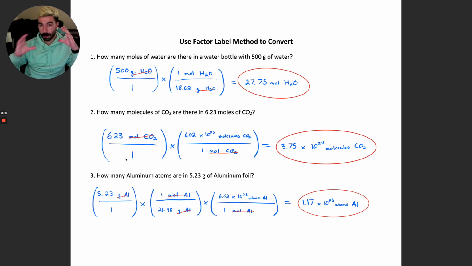Put it over 1, put it in parentheses, multiply it by the conversion factor to get to molecules, which is essentially the same thing as particles, right? Well, what's the conversion factor? Well, I know that 1 mole of carbon dioxide is the same thing as 6.02 times 10 to the 23rd molecules of CO2, because that's what a mole means.